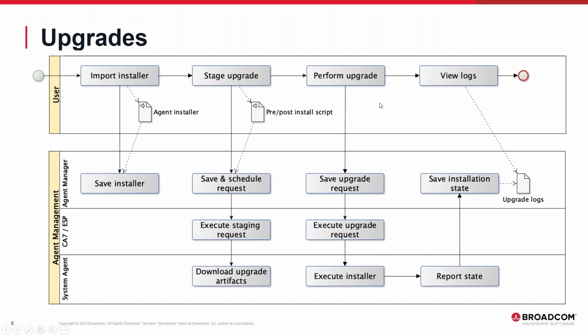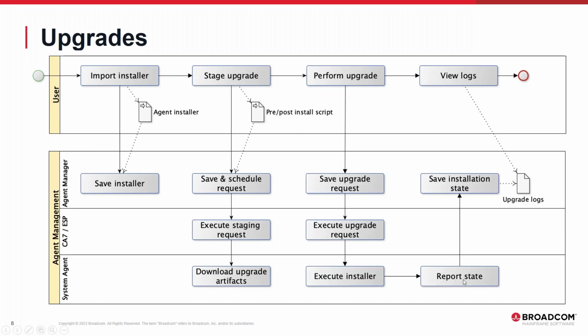you can perform the actual upgrade. Again, the user will just initiate the upgrade from the UI, and we will send the message to the agent that the upgrade should be started. When this is happening, the agent will be stopped for some time, the installation will happen, and then the agent will be restarted.